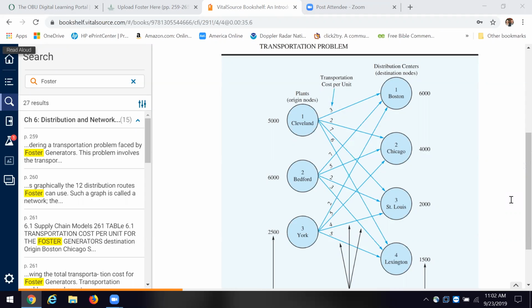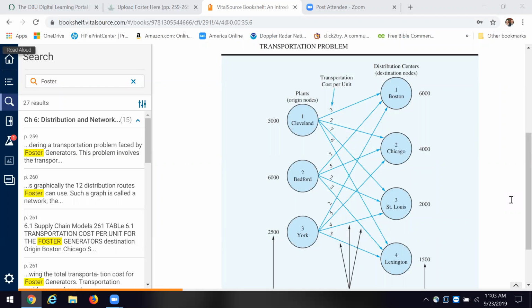And you can see you've got each of these plants which are origin nodes. So when we talk about a network, the circle is a node. It's a place where something or some things or money or information or people or all of them together arrive, okay? And then you have a thing called the arc, which is that arrow. And the arrow will typically show you the direction of the flow. So you see you've got these three plants, okay?